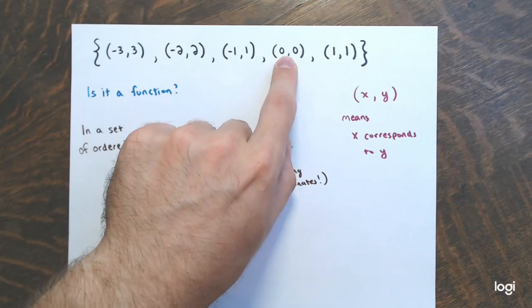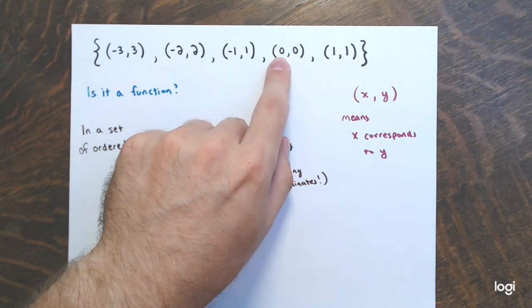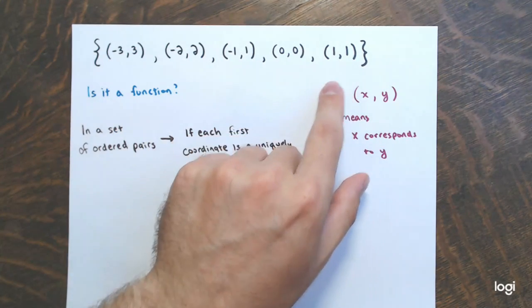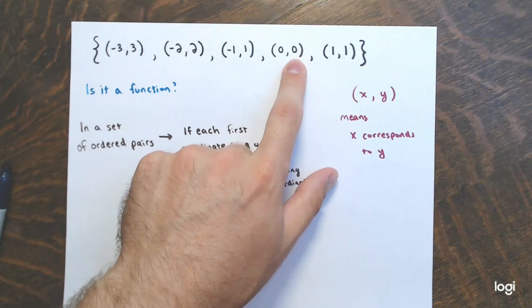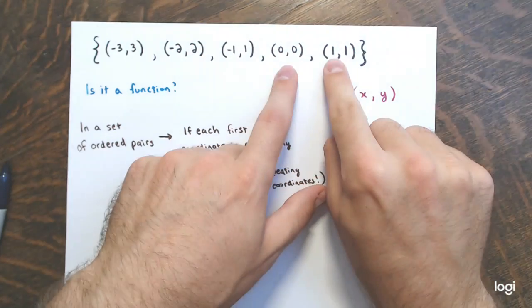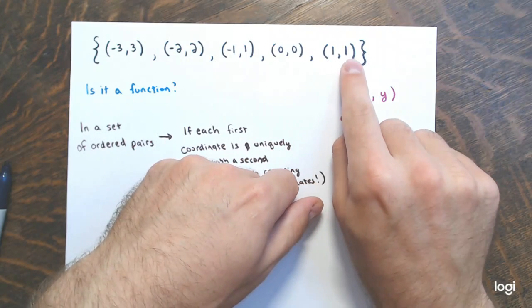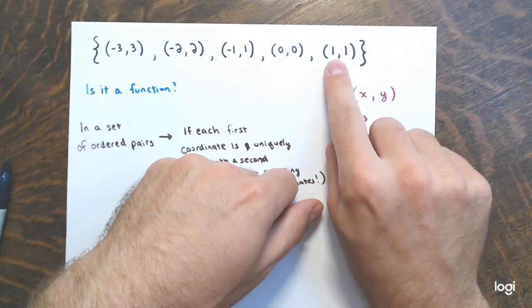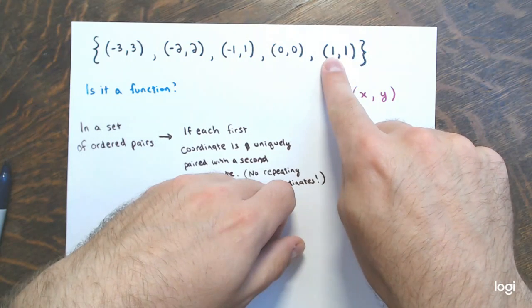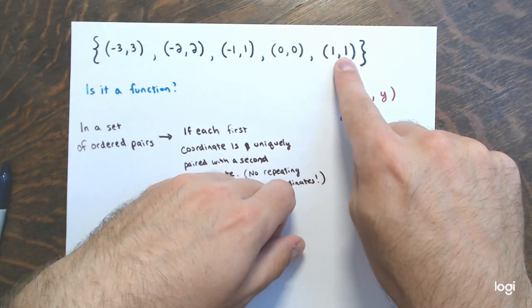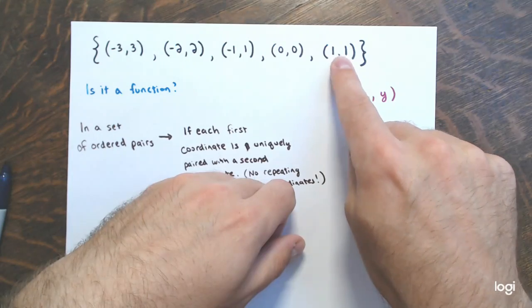0 in the domain corresponds to 0 in the range, and again, there's no other ordered pair with 0 as the first coordinate, so 0 corresponds to exactly one element in the range. And finally, 1 in the domain corresponds to 1 in the range. There's no other ordered pair with 1 as the first coordinate. So 1 corresponds to exactly one element in the range.